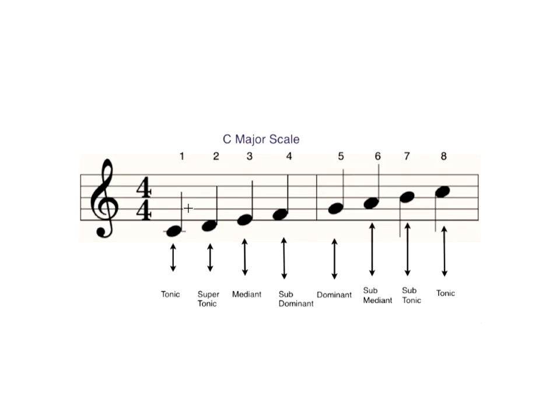So we see the first degree is called the tonic, the second degree is called the supertonic, the third is called the mediant, the fourth is called the subdominant, the fifth is called the dominant, the sixth degree is called the submediant, the seventh is called the subtonic, and the eighth is called the tonic again, since it's the same note as the root note or the tonic at the beginning of the scale. So, important to understand these functions in the key as well.